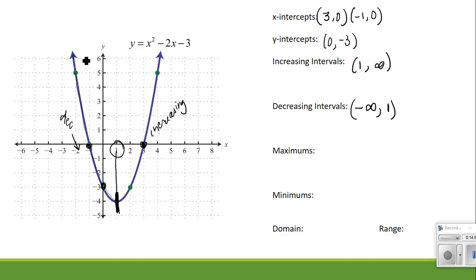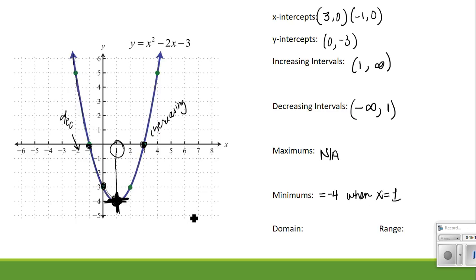There are no maximum points. The max goes to infinity, so there really isn't any max. The minimum is way down here at this point, and that minimum is -4 when x is equal to 1.